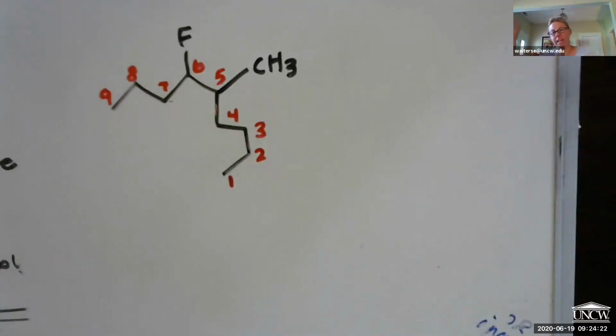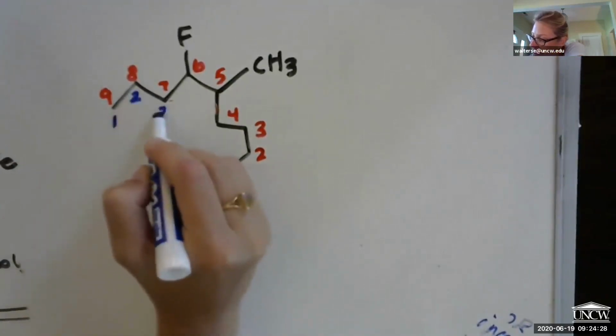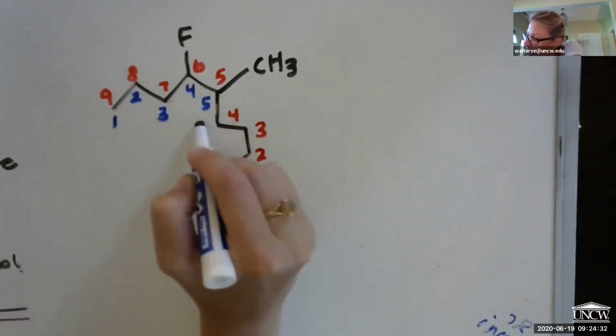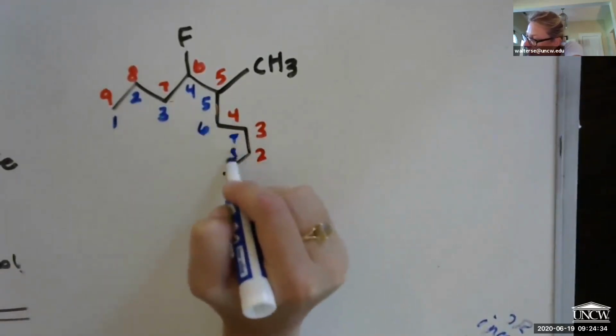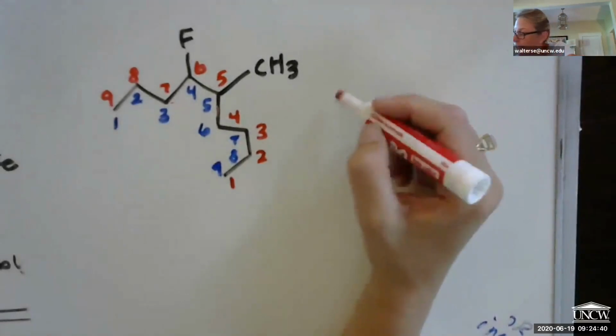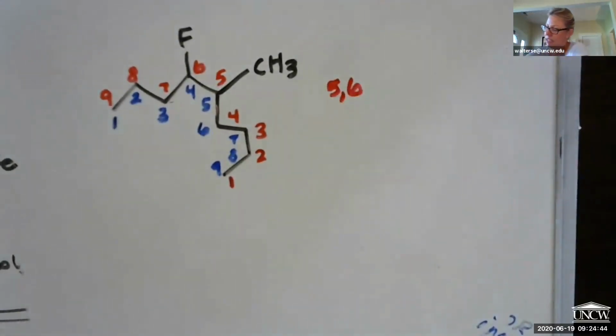Then you number in the opposite direction so you can decide the best choice of your locants. The red pathway has substituents on 5 and 6.